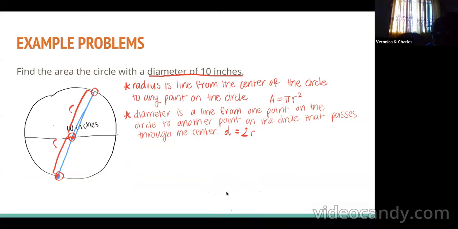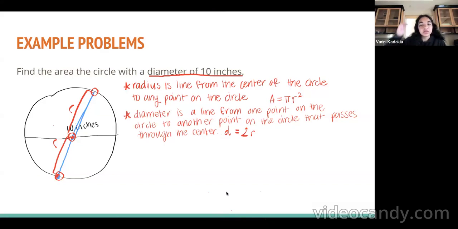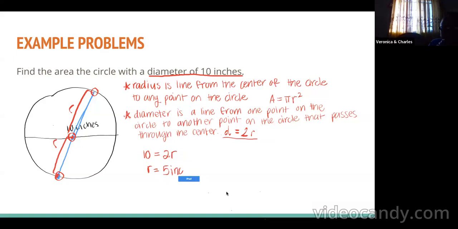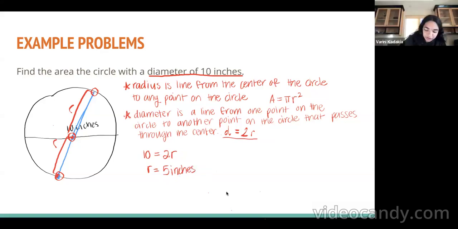Yeah, so the radius has to be 5 because if we use our formula right here, our diameter equals 2 times our radius, and so our radius equals 5 inches. So from here to here is 5 inches.